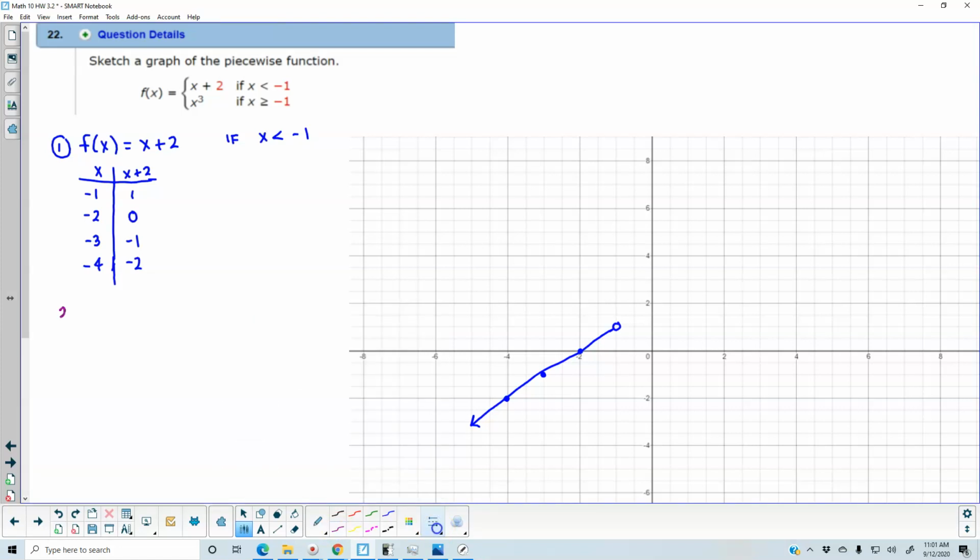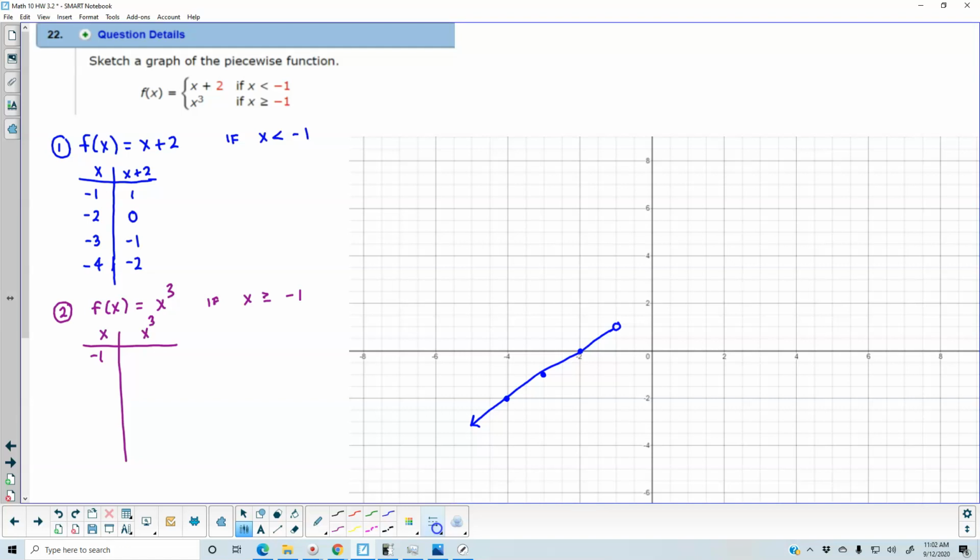Now, let's take a look at f of x equals x cubed if x is greater than or equal to negative 1. So we're going to make another table here. We have our value for x, and we know that it can equal negative 1.